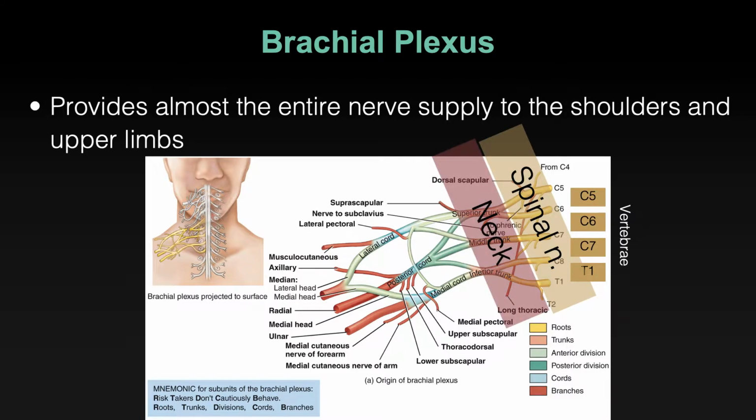These combine to form trunks, and the trunks are typically right in the neck. If you wanted to, you could probably push down hard enough and feel a twinge. The trunks of the brachial plexus are in the neck. The trunks then split off and recombine into divisions. The divisions happen at the level of the clavicle.